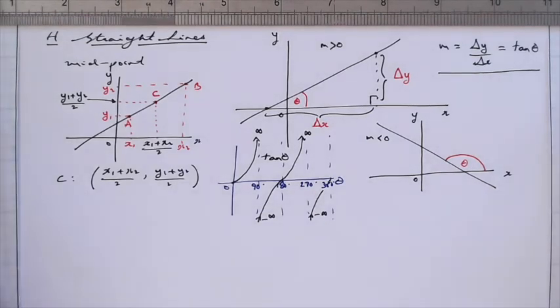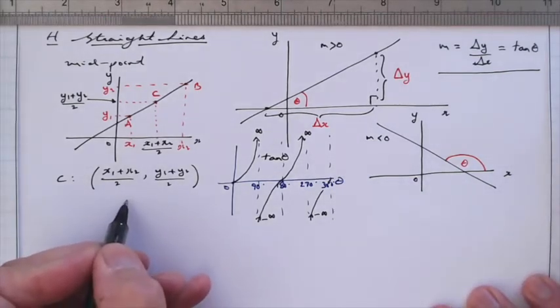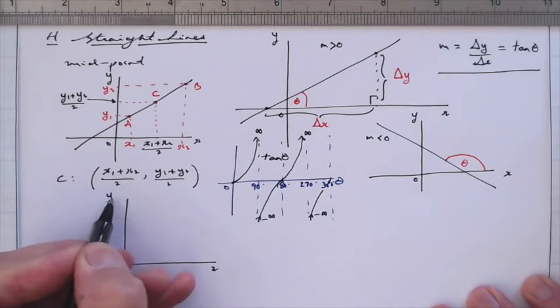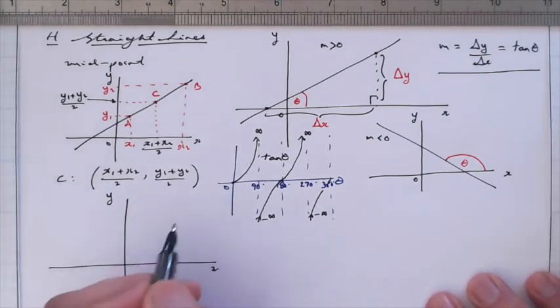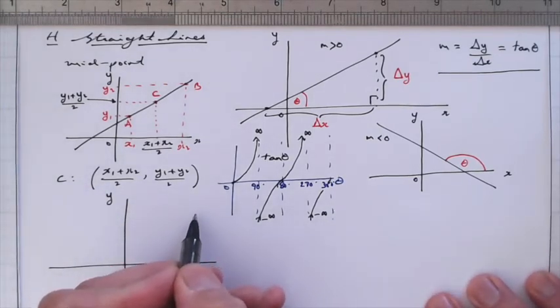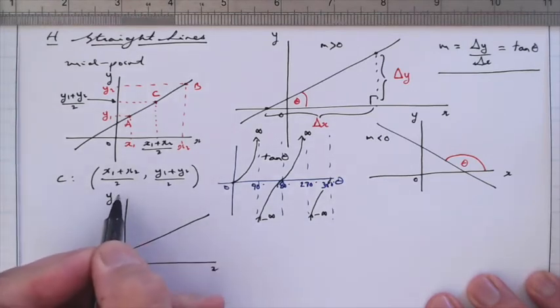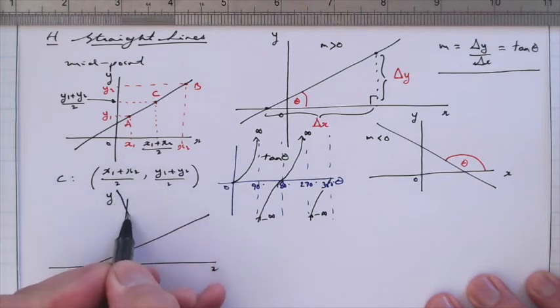Final topic in this tutorial is a condition. What condition would we place on the slopes of two straight lines for those straight lines to be perpendicular? So let's make a sketch. And I want to sketch two straight lines here that are perpendicular. So here's one, and let me do this the best I can.